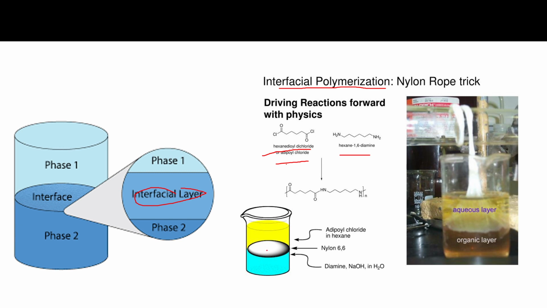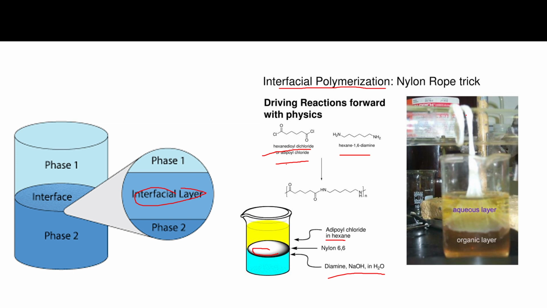This is the interface where the polymerization takes place and nylon 6,6 forms. The lower layer is the aqueous layer and above it is the hexane, the organic layer, and the polymer forms at the interface. Then we collect this polymer with a stirrer and pull it out from here.